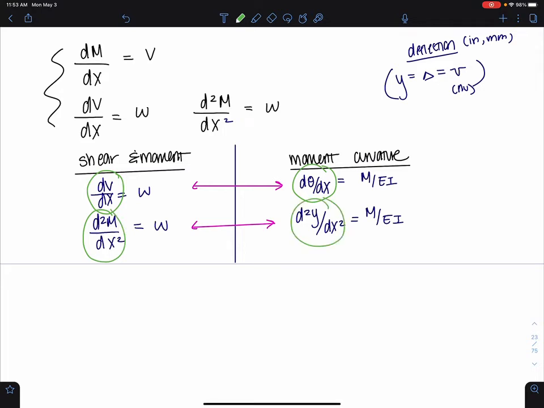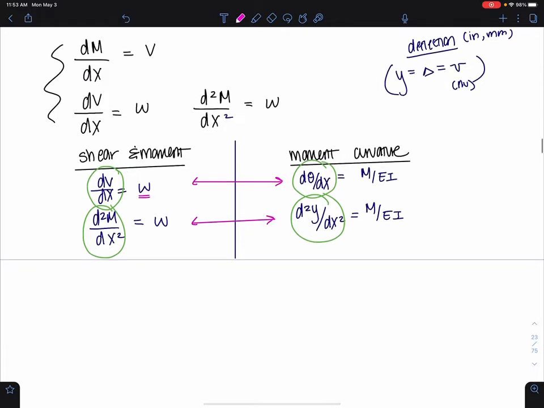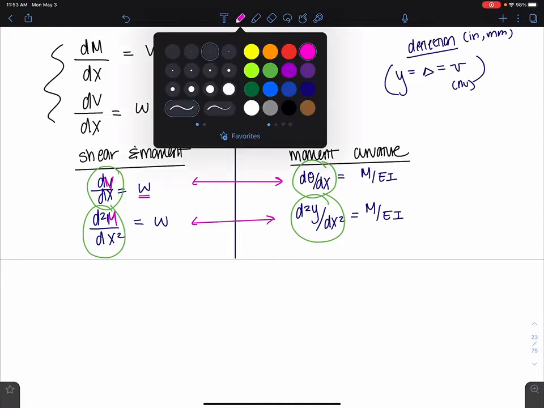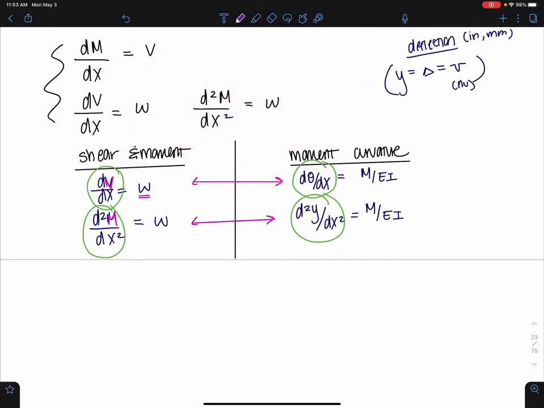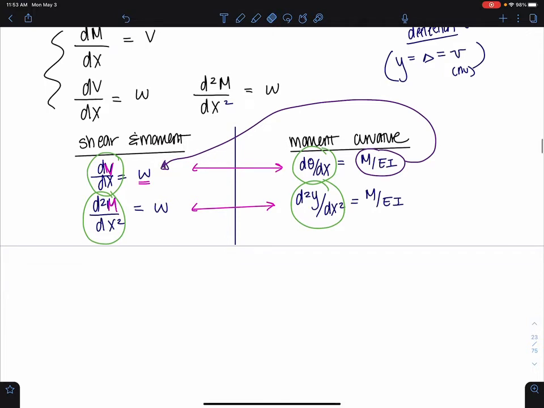Okay, so where things get interesting: if I have loading and I apply it on a member, I can solve for the shear V and the moment using calculus concepts, using the shear and moment diagram pretty simply. Well, what if I took the loading and instead of making it w, what if I took M over EI, moment curvature, and applied it as loading on the beam?